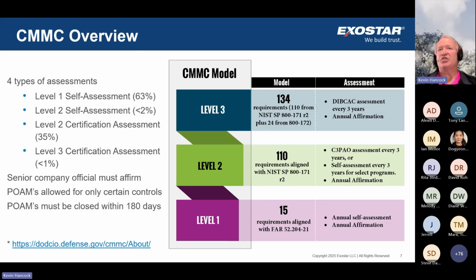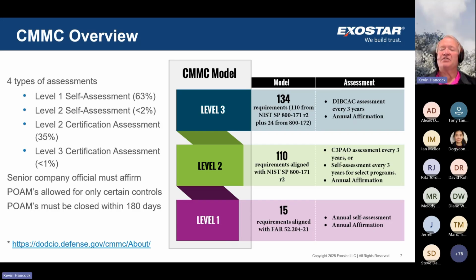That's 110 controls, and once every 3 years, you're going to require a third-party assessment that you meet those requirements. Now, a small percentage of folks that receive CUI will also be in that self-assessment category, but that's going to be on a contractual basis. What that means is the contracting officer, when they put a contract out to bid, is the one who is going to determine whether the requirements for this contract are level 2 self-assessment or level 2 C3PAO assessment.